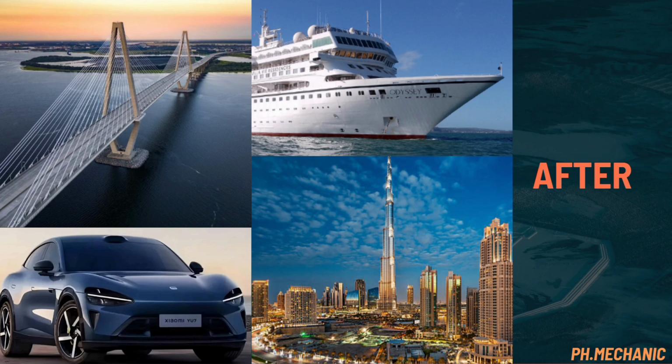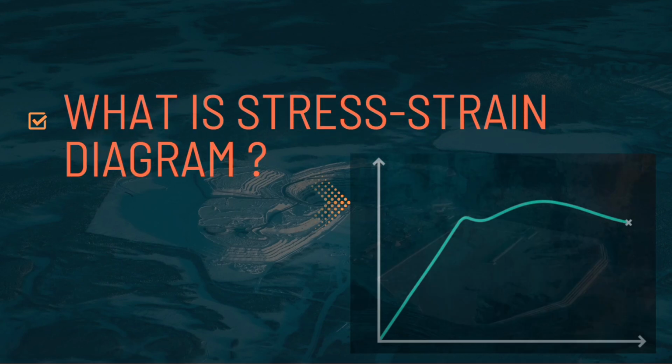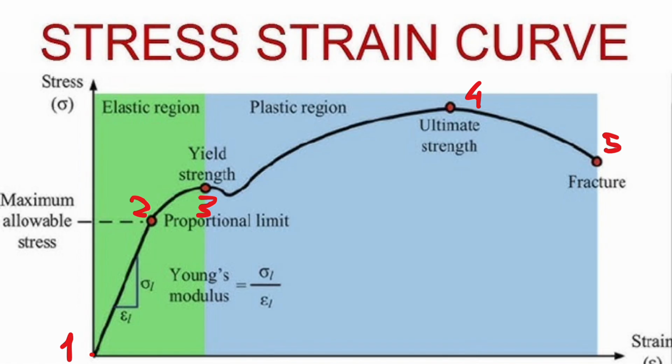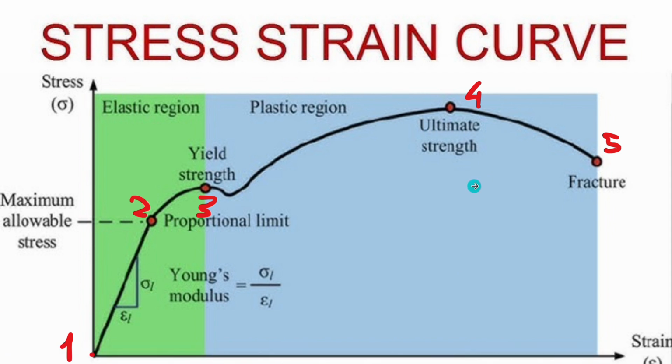Okay, let's go to what the stress strain diagram is. We have the diagram of a ductile material. Today I will explain step by step for you to understand the whole picture.